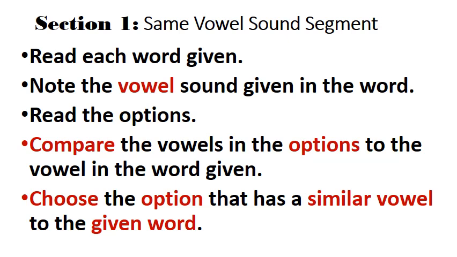So everyone is expected to read each word that is given, note the vowel sound that is underlined, then read the options, compare the vowels in the options to the vowel in the word given, then choose the option that has a similar vowel to the given word. This looks like a difficult exercise, but it is very easy. An example will be fine in this aspect.